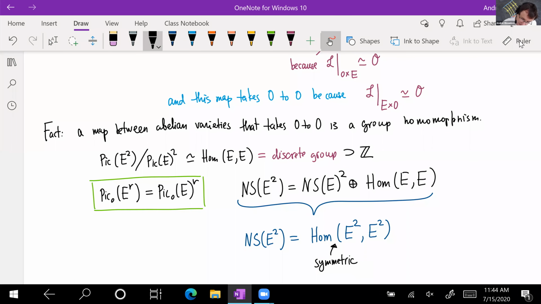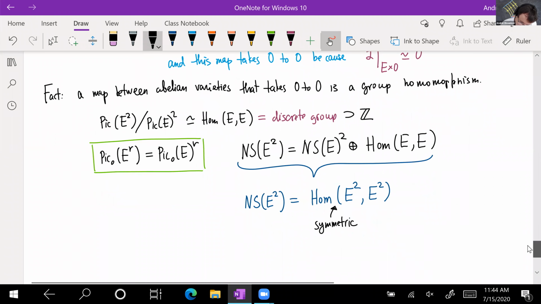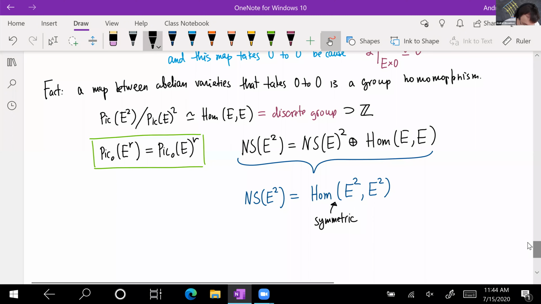Symmetric meaning, so in general, if I have a map between abelian varieties, in this particular instance this number was just Z. That number is just Z, the 2 copies of Z.